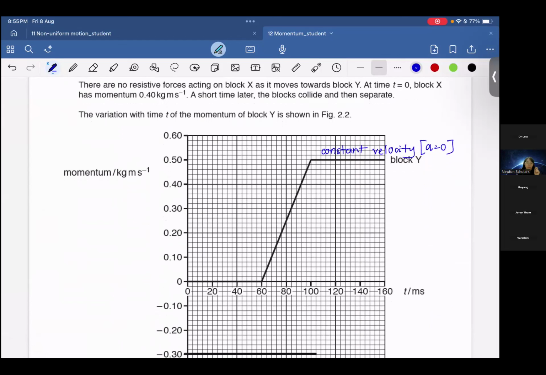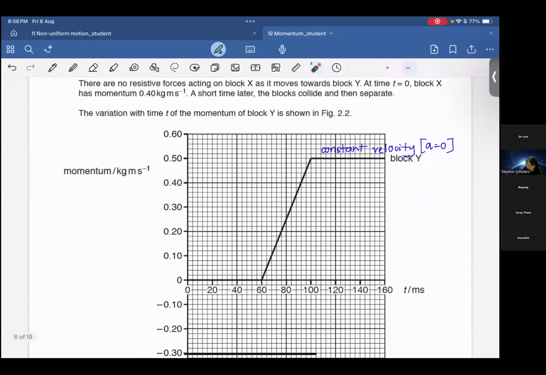Change in momentum divided by time. Actually, you can calculate from the graph easily. We can do only two things: find the gradient or find the area under the graph. Check which one gives the information that you want. Here, try to find the change in momentum, because this part is during contact.